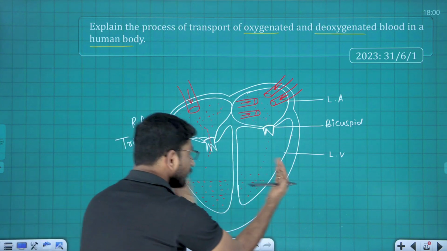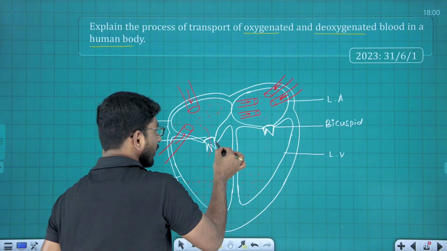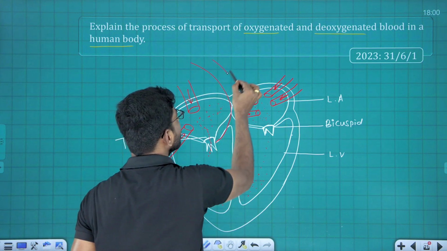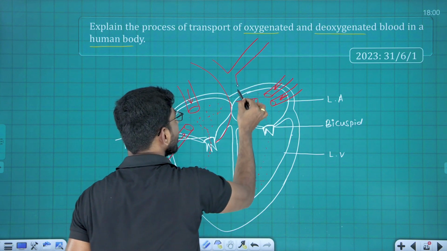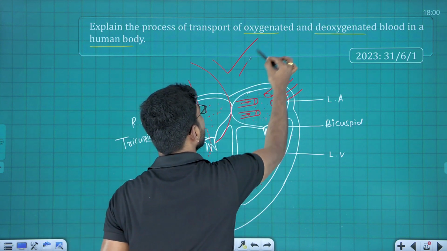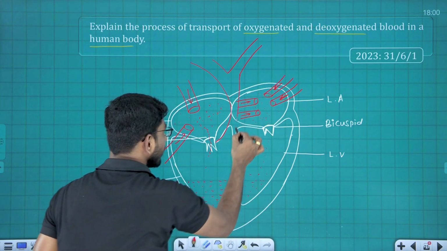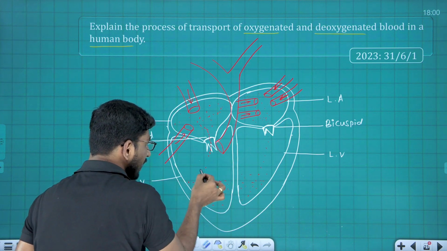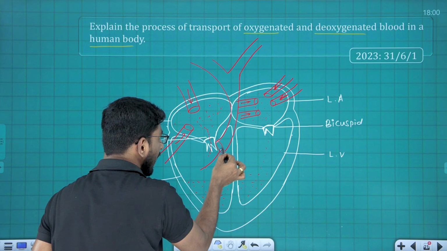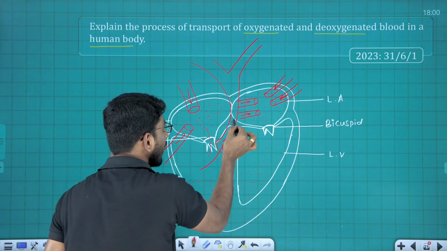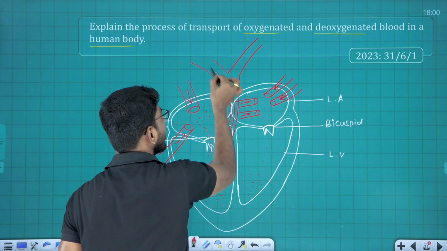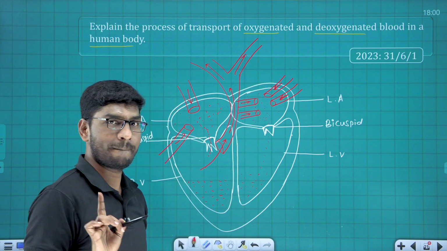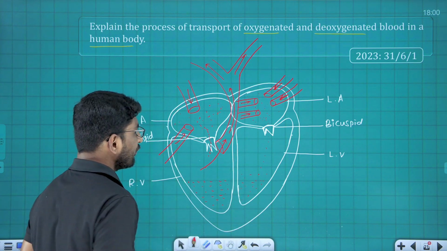When both ventricles contract, one big blood vessel comes out from here. What is this blood vessel called? Pulmonary artery. Look at it. This is the pulmonary artery. When the right ventricle contracts, deoxygenated blood goes through the pulmonary artery to the lungs for purification. What about the left ventricle?